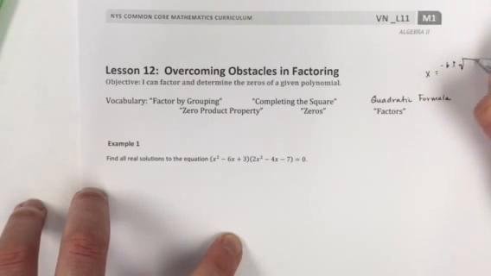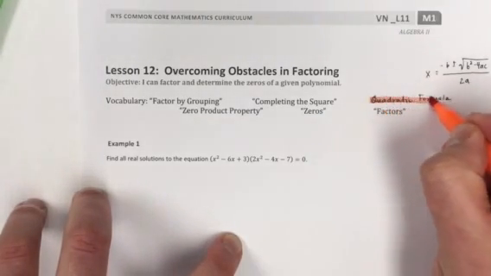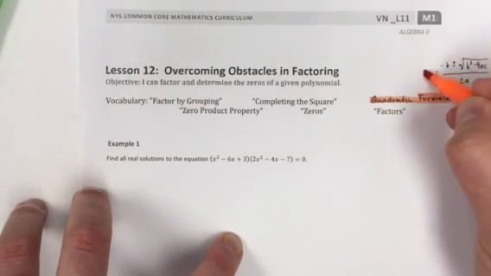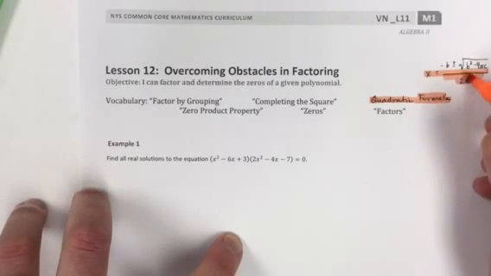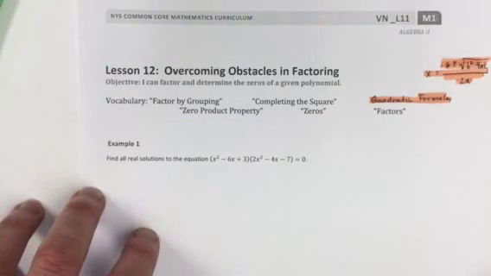It's negative b plus or minus the square root of b squared minus 4ac, all over 2a. You might want to highlight this; it was something you learned last year. It's definitely a tool worth remembering long term, such as in pre-calculus or even calculus.